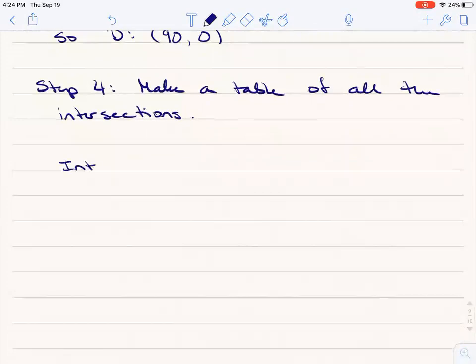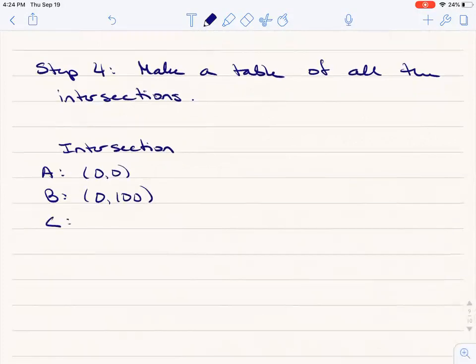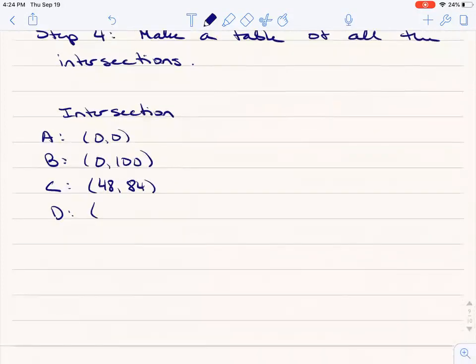And so we've got intersection A was at 0, 0. B was at 0, 100, right? C we just found was at 48, 84. And D was at 90, 0.